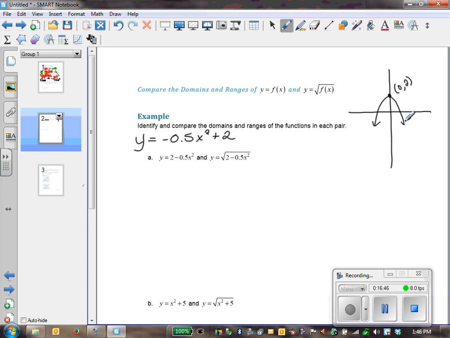Could you guys find the zeros of the function for me? Yes, you can. We're not so good at factoring, and we're not so good at using the quadratic formula, so it's a great time to practice it. Do you know the quadratic formula right off the top of your head?